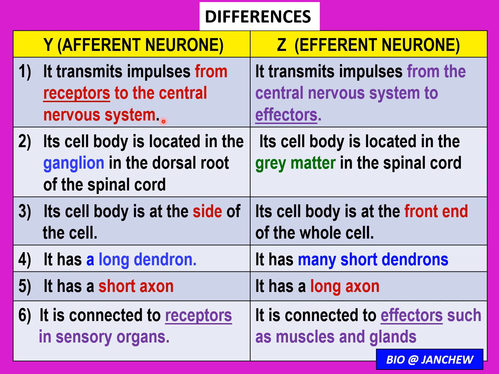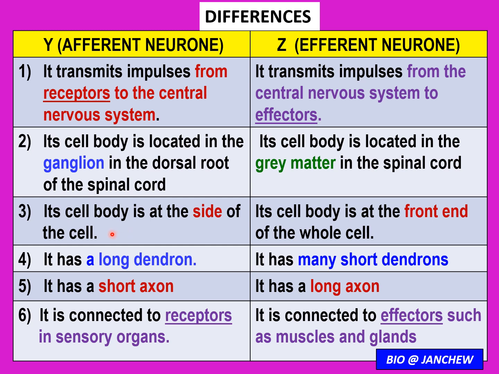For Z, it transmits impulses from the central nervous system to the effectors. Secondly, for Y, its cell body is located in the ganglia in the dorsal root of the spinal cord. So it's in a swelling in the dorsal root, but not in the spinal cord. It's just in the dorsal root, in the swelling called the ganglia. For Z, the cell body is located in the gray matter right inside the spinal cord.